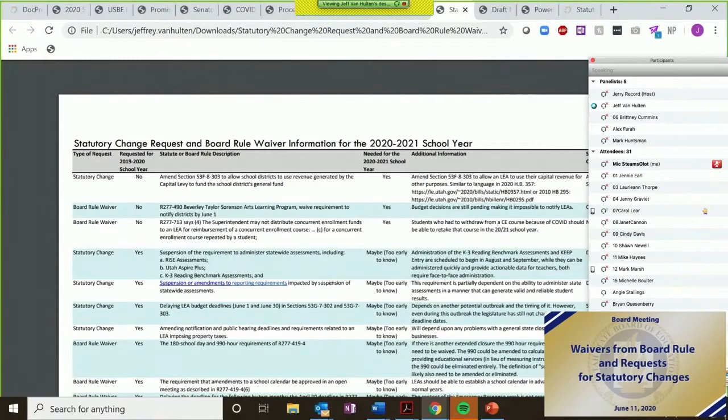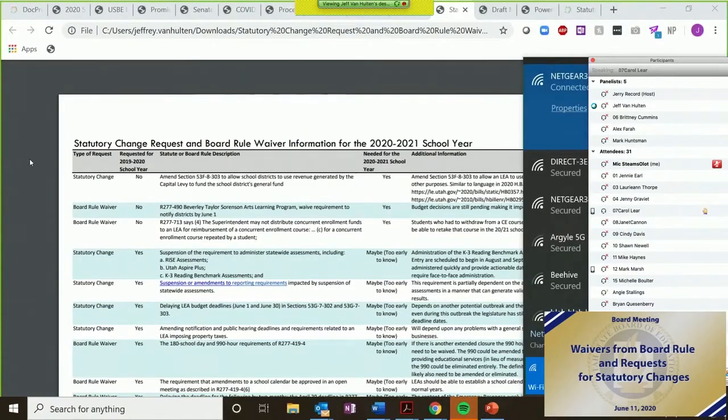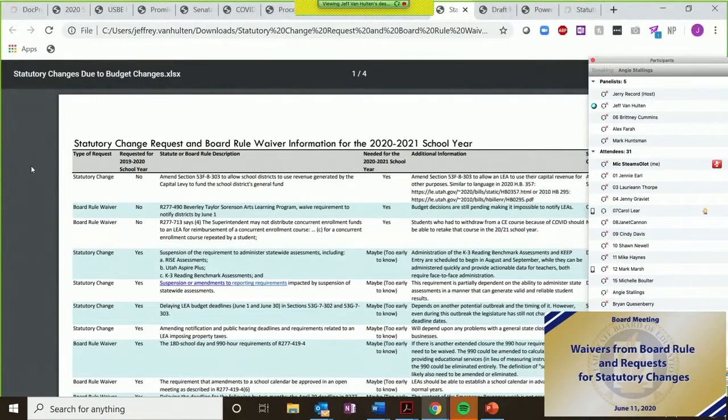Well, two of them are ones you just voted on, which is the requirement to have a mathematics assessment in the early grades. That did not have a subject to legislative appropriations, and we need the money to do that. I think there was like $300,000 appropriated for us to procure that assessment, and then the LEAs would use it, so they wouldn't have to buy the assessment.